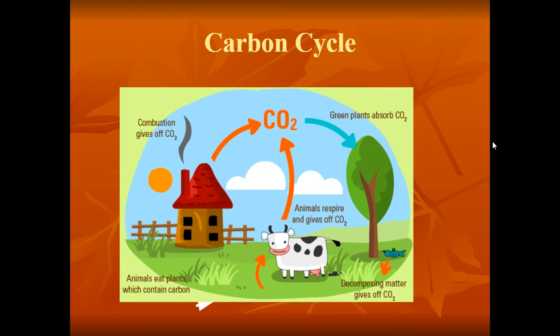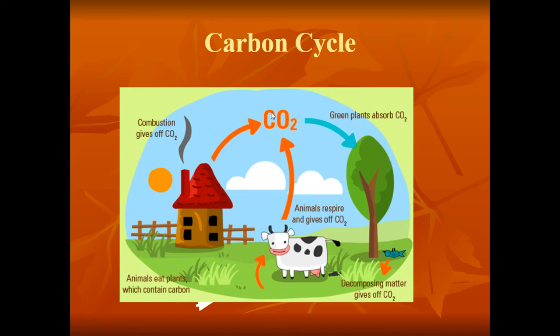So I'm going to talk about the carbon cycle real quick because this helps us understand how our environment has been able to keep life around, because we have animals and plants together and not just one or the other.